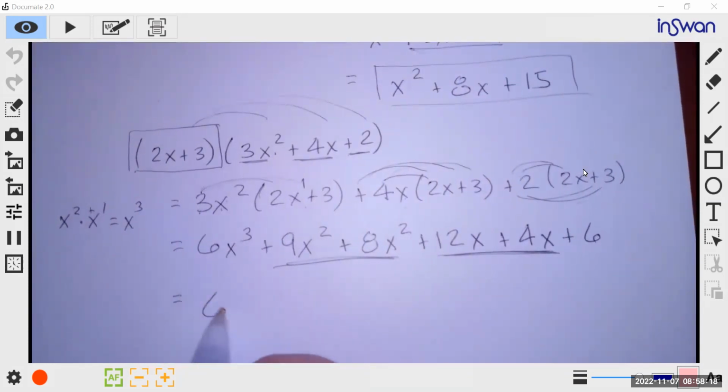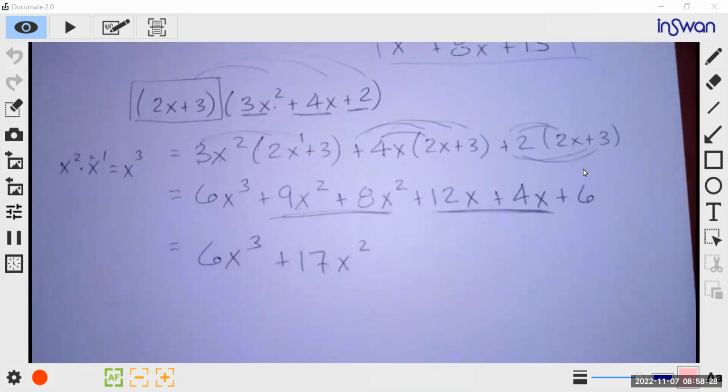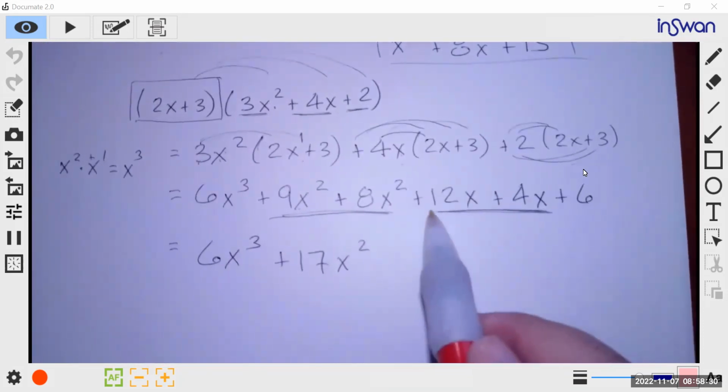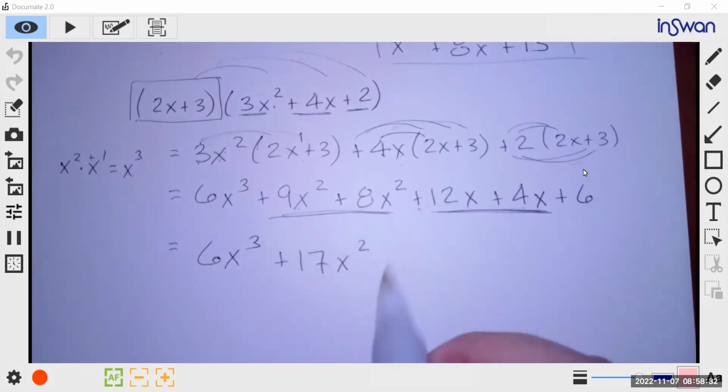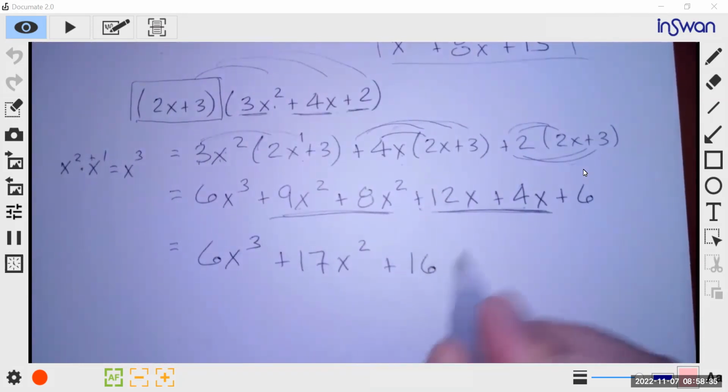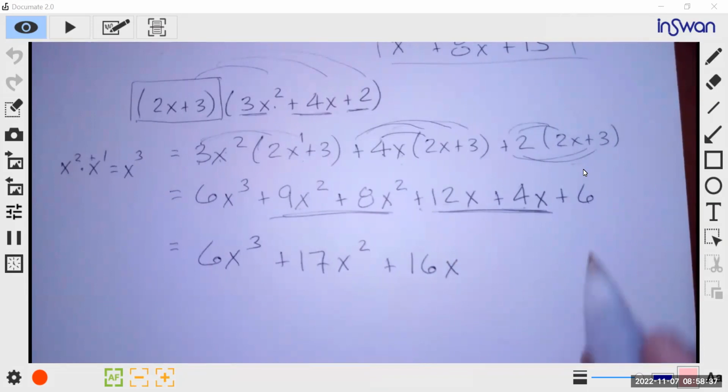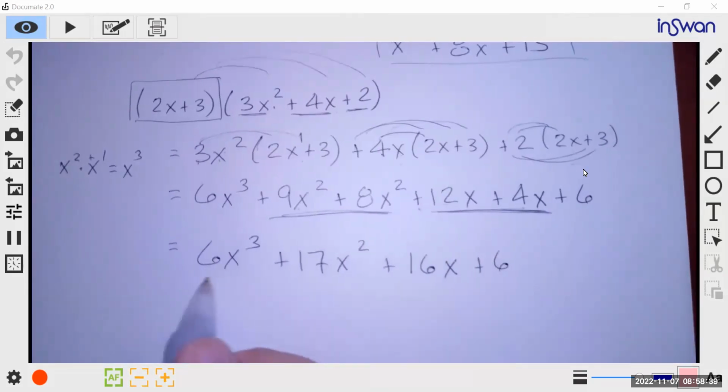So the first one stays the same. It's 6x cubed. We have 9 plus 8. So we have 17 x squareds. We have 12 plus 4. There's 16 x's. And then a plus 6. And there's your answer.